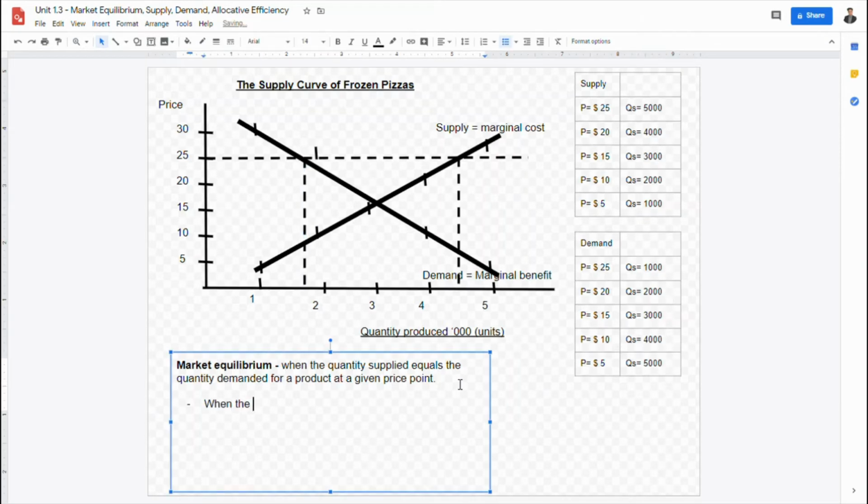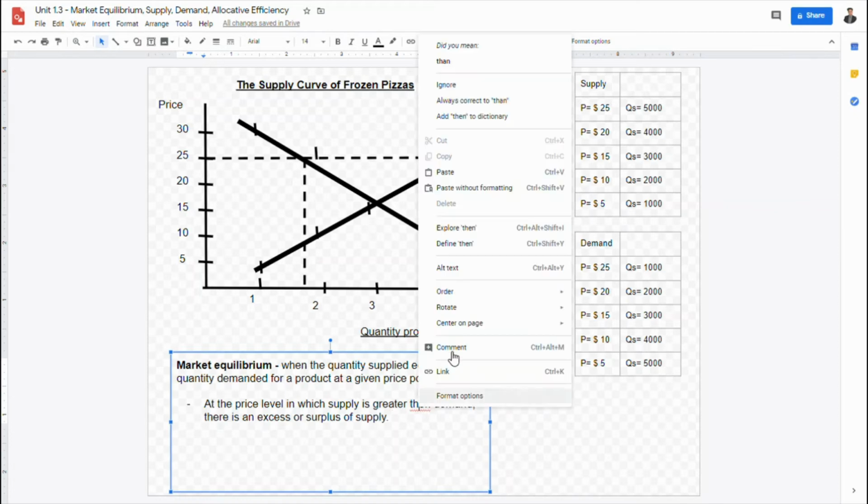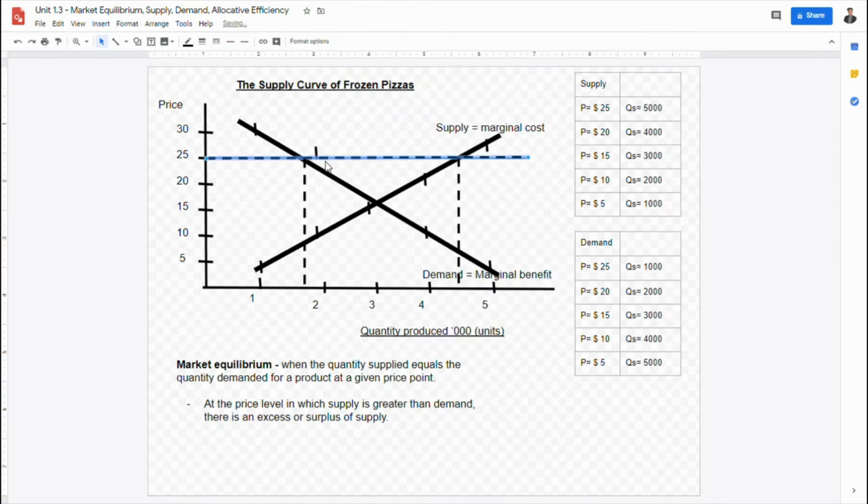So right here we could say at the price level in which supply is greater than demand, there is an excess or surplus of supply. So when the price level is set at 25, there is a surplus of supply, because the line as drawn to this x-axis shows that there is an excess of supply.